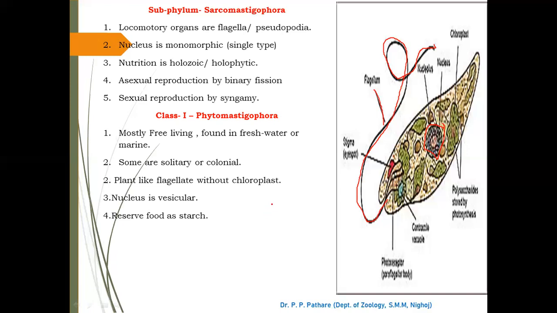Vesicular means a single type of nucleus is present in Phytomastigophorans. Next important characteristic is reserve food material as starch.